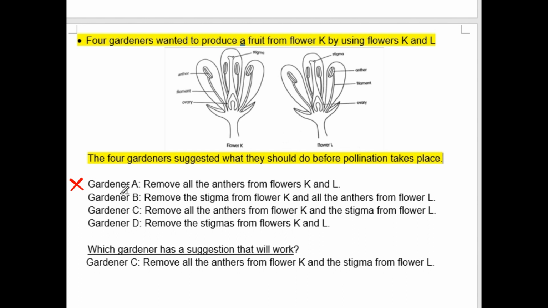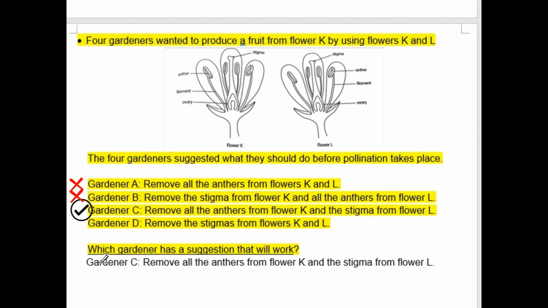Gardener A: Remove all the anthers from flowers K and L. Gardener B: Remove the stigma from flower K and all the anthers from flower L. Gardener C: Remove all the anthers from flower K and the stigma from flower L. Gardener D: Remove the stigmas from flowers K and L. Which gardener has a suggestion that will work?